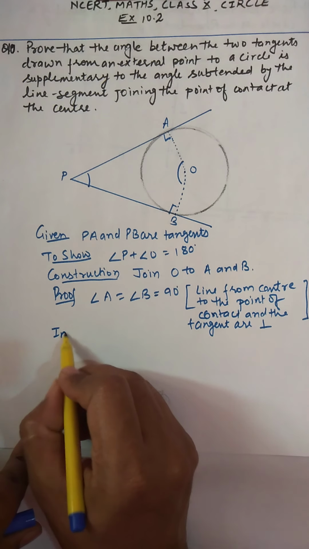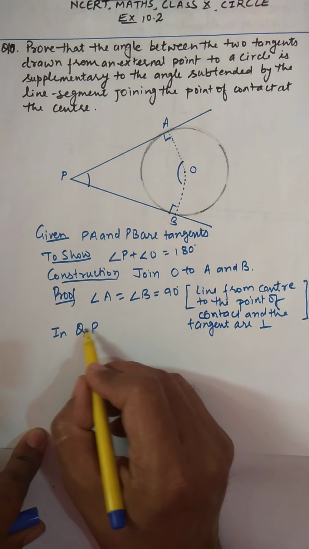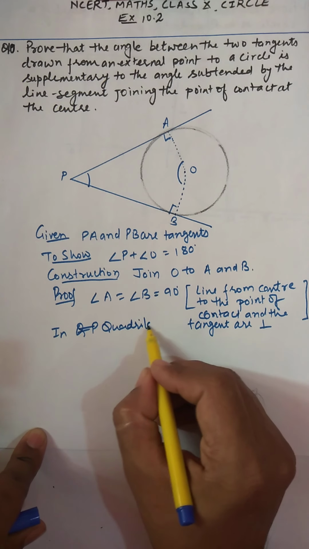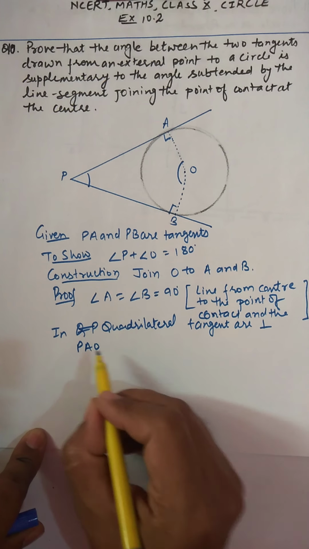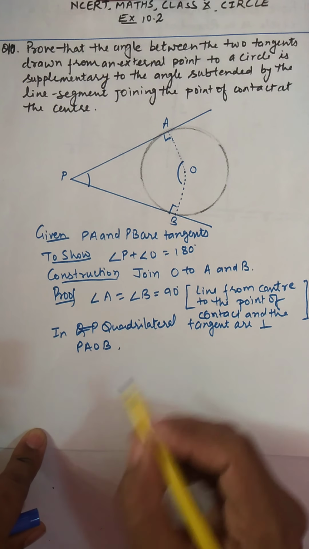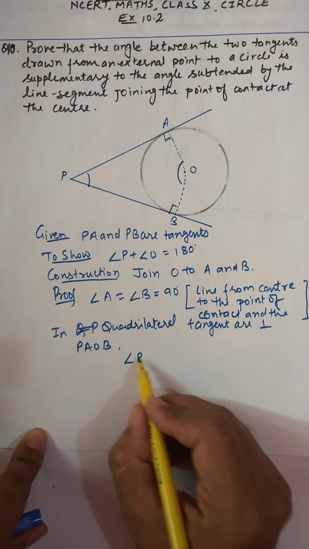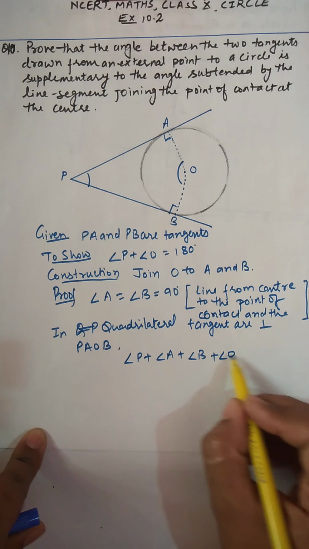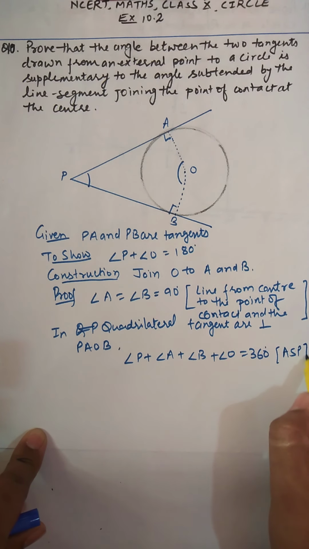Now in quadrilateral PAOB, with the help of the angle sum property you can write angle P plus angle A plus angle B plus angle O is equal to 360 degrees.